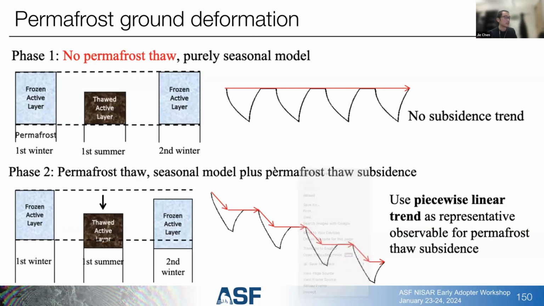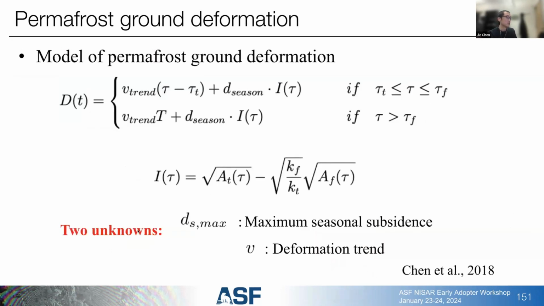So we can use two terms to represent permafrost ground deformation: the seasonal subsidence and the deformation trend, for which we can generally use a step-wise function or a linear function.